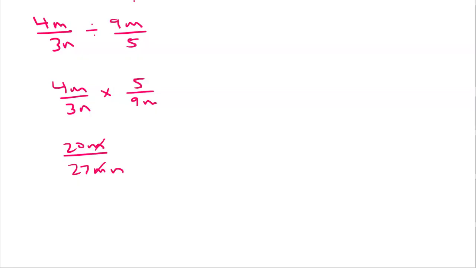And then we can cancel out the m's. There's nothing else that we can do to reduce 20 over 27. So our answer is going to be 20 over 27n. Sorry, n, not m.